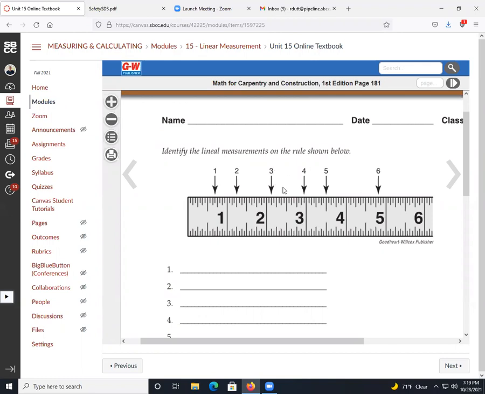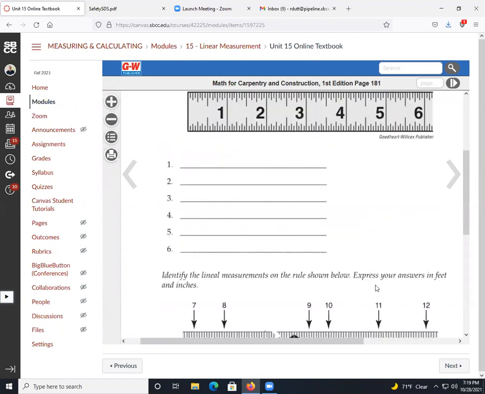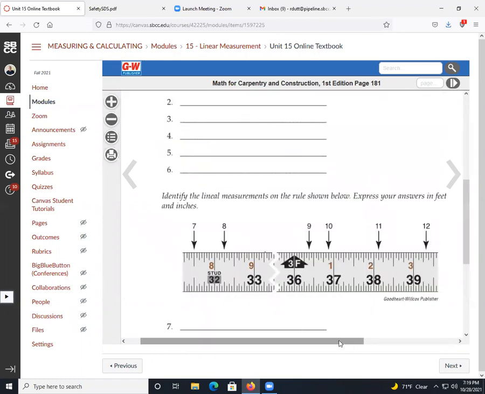What's the answer? 2 1/8. Very good. Austin, what's the answer to number 4? 2 and 15/16. Excellent. Dylan, what's the answer to number 6? Number 6 is 4 and 13/16. Okay, I see. It looks like you guys have the grasp of that.